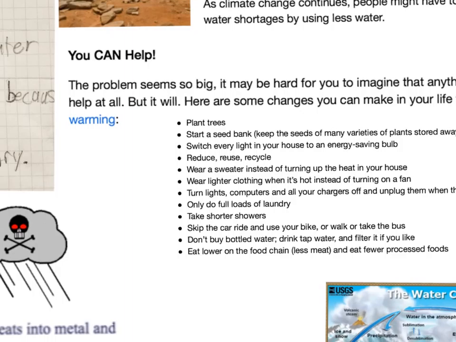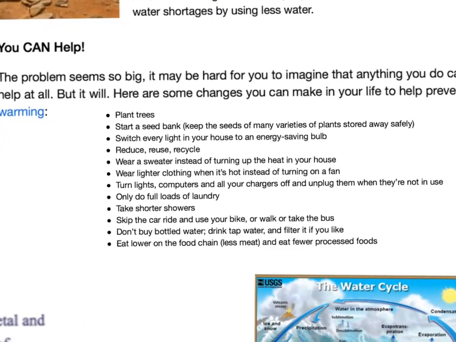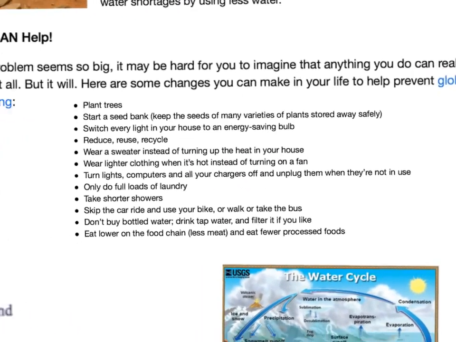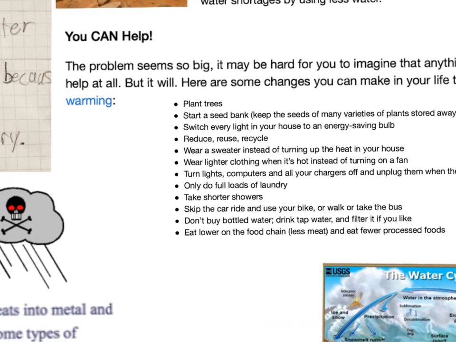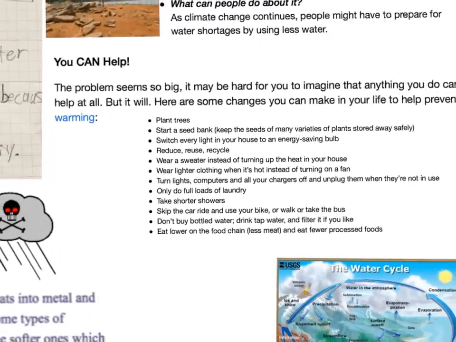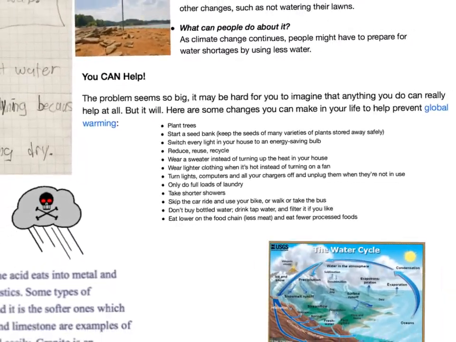I'm going to try to read this part again, and I found some sentences to help you produce less climate change. I'm going to swim a little bit less. That's it. So you can help.